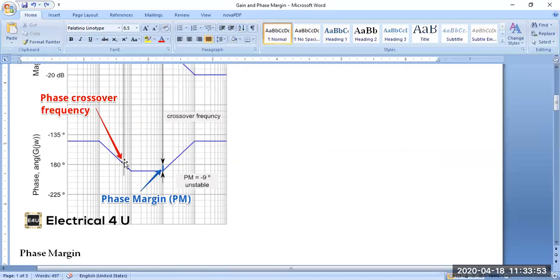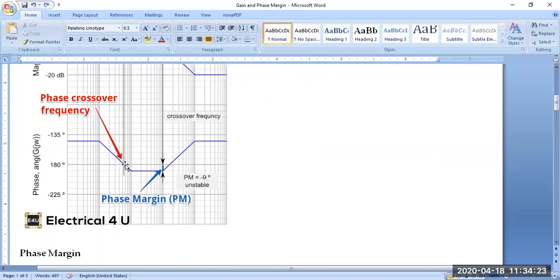Now you can see the phase plot cuts the minus 180 degree line at a certain point here. This point is called the phase crossover frequency. So to identify the gain margin, we first need to know the phase crossover frequency.